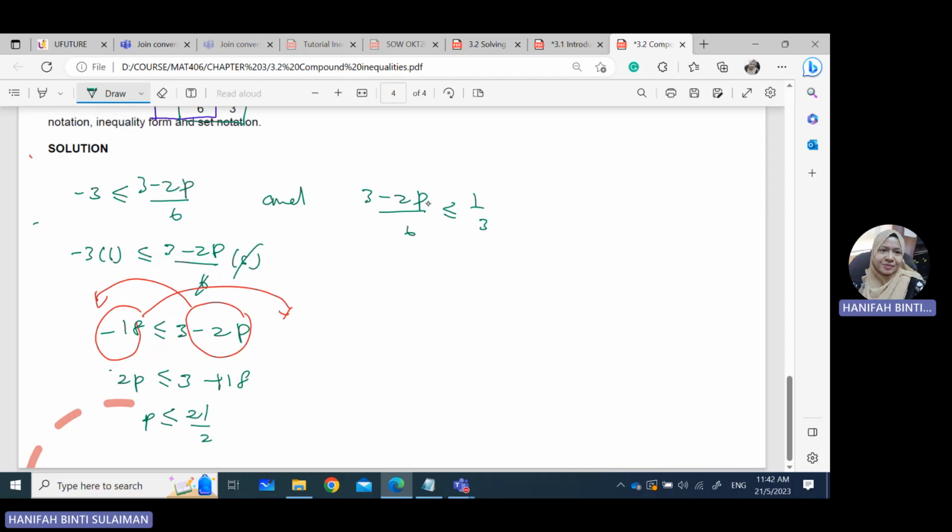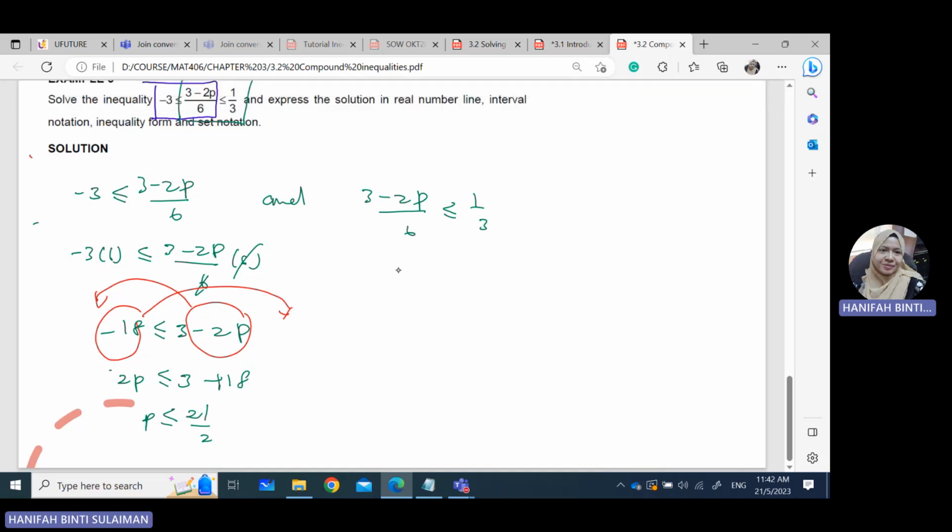Yang di sebelah sini sama juga lah. Kita darabkan 6 left hand side and right hand side. So here we have (3 minus 2P)/6 times 6 less than or equal to 1 over 3 times 6. Selesaikan. Equals 2. Okay.